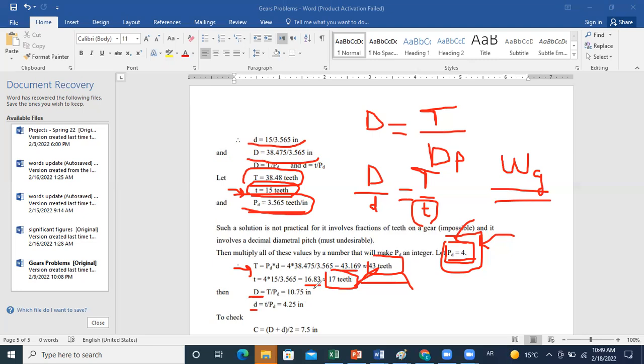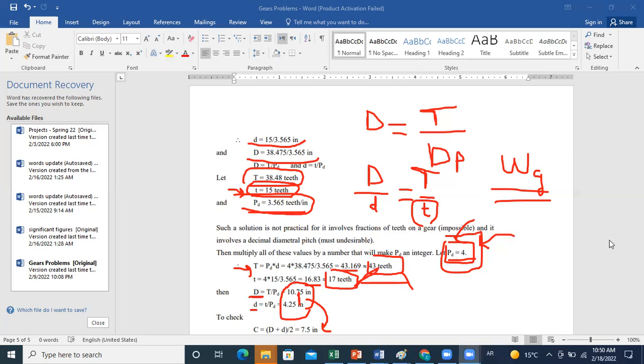This set will satisfy the first condition, that the summation of radii is equal to 7.5 inch. If you sum these two diameters, you get 15, which satisfies the first condition.